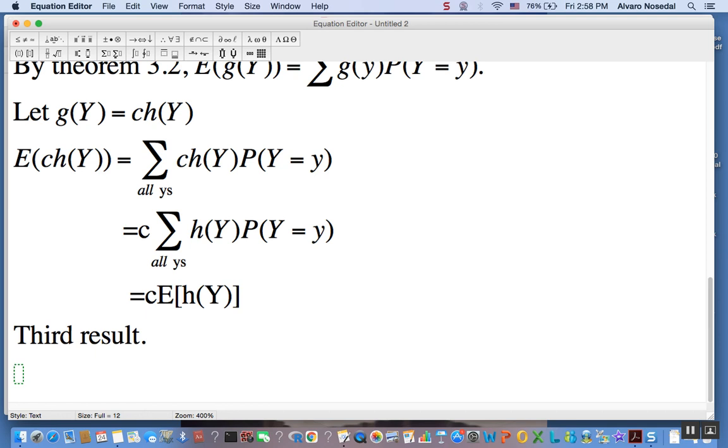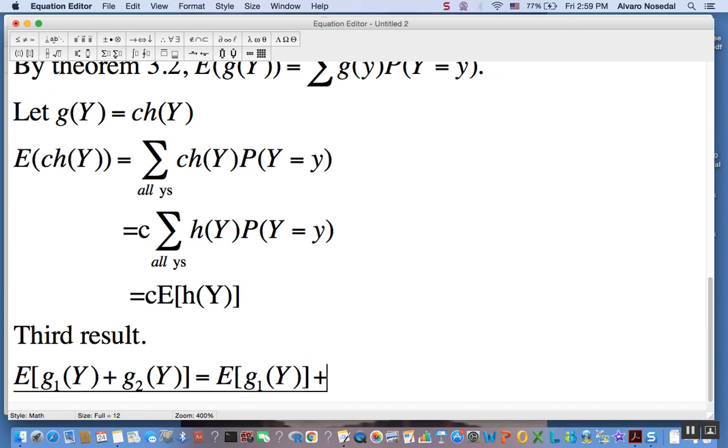What we have is we would like to show that the expected value of g1 of y plus g2 of y equals the expected value of just g1 of y plus the expected value of g2 of y.